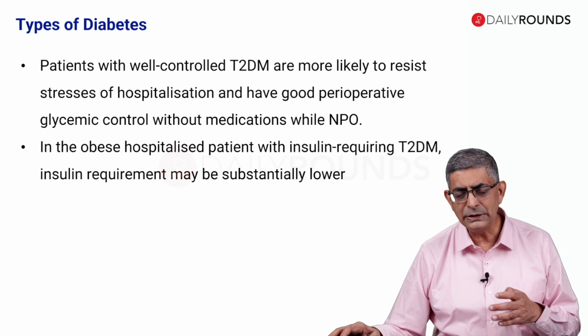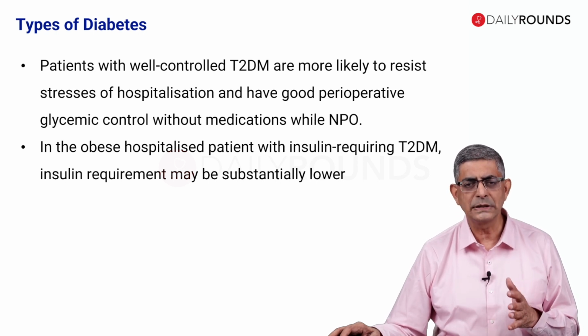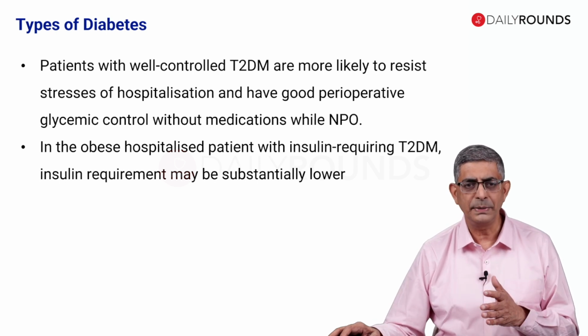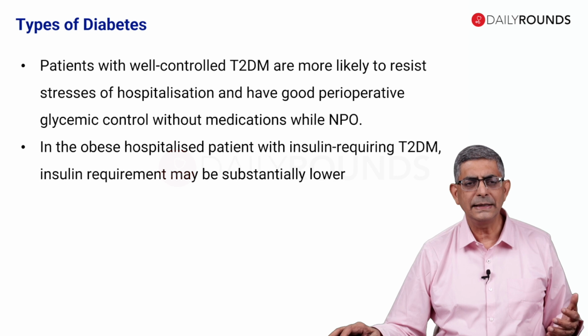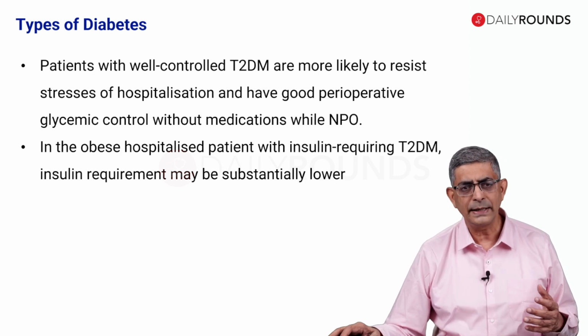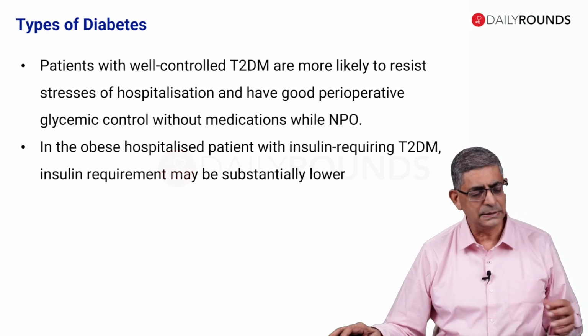This is particularly true in the immediate post-surgical period: if we keep their blood sugars well controlled, the outcomes are much better. Patients may be obese and hospitalized, and may be insulin requiring, and there could be variability in the amount of insulin they need.